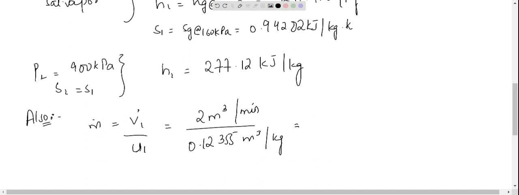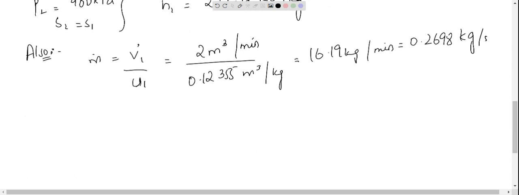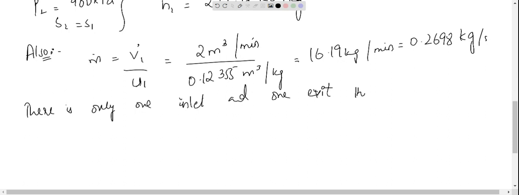By solving this it equals 16.19 kg per minute, as we want it in kg per second, so it equals 0.2698 kg per second. As there is only one inlet and one exit, our rate of mass m1 equals rate of mass m2, so that equals the rate of mass.